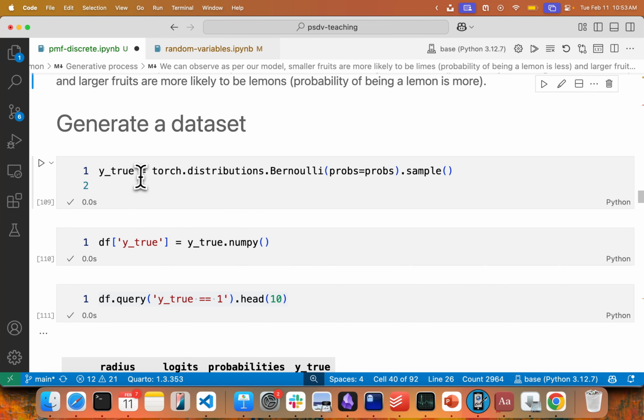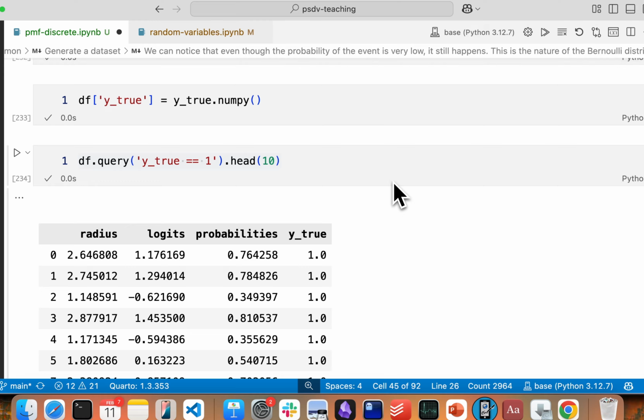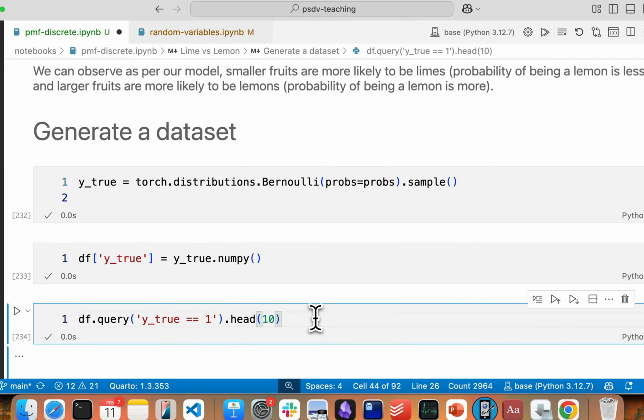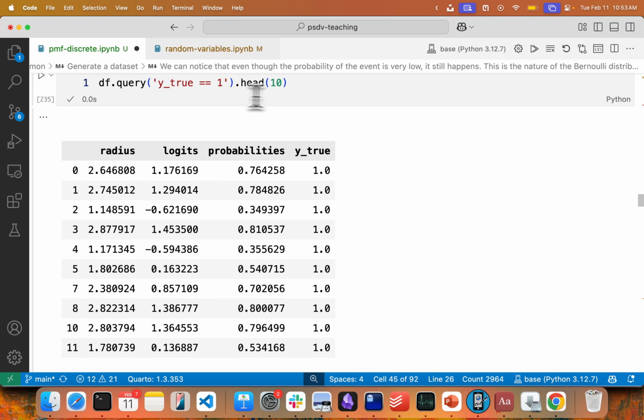I will have this y true, which is my torch distributions Bernoulli object on the probabilities vector, sample from it, get my y true. This is how my data frame would look for the values where y true comes to be 1. It could be either 1 or 0.